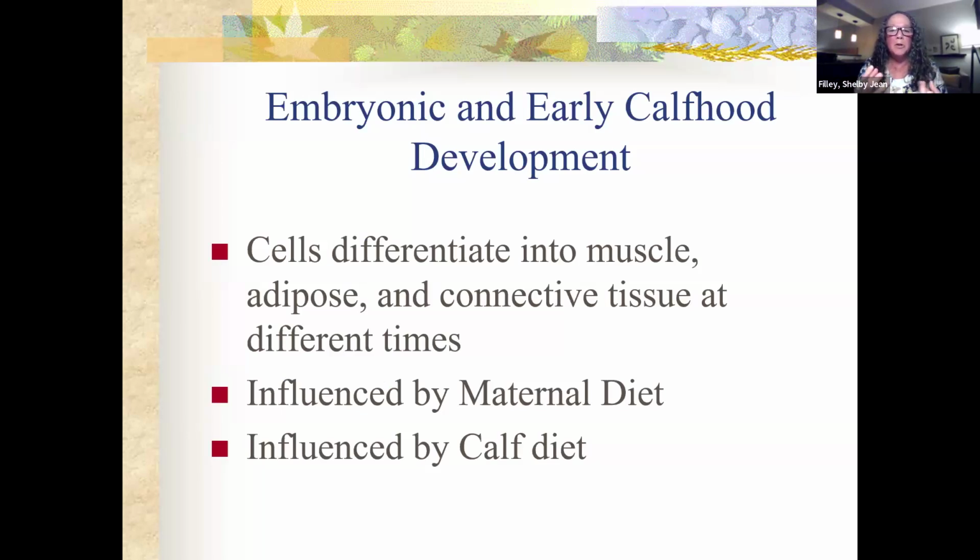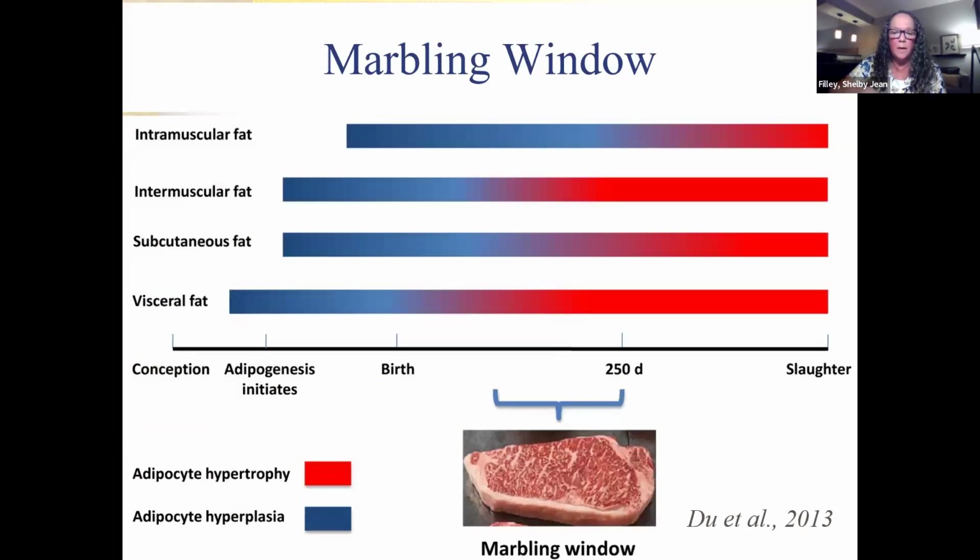So muscle, adipose, and tough or not tough tissue, connective tissue, can affect that steak. And this is the steak of a baby who's in utero. So that's influenced by the maternal diet as well as the diet of that calf once it's weaned and is put on a finishing diet.